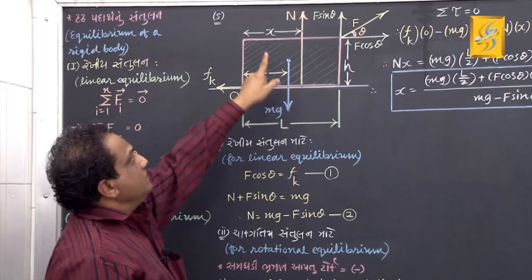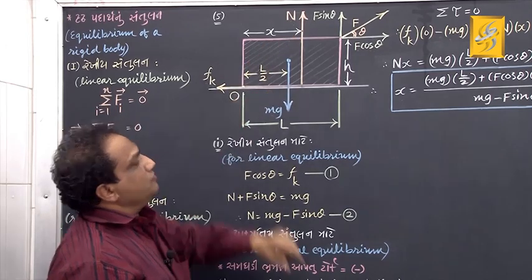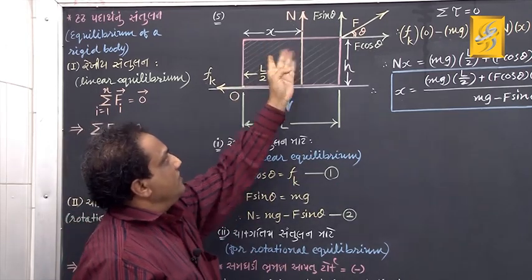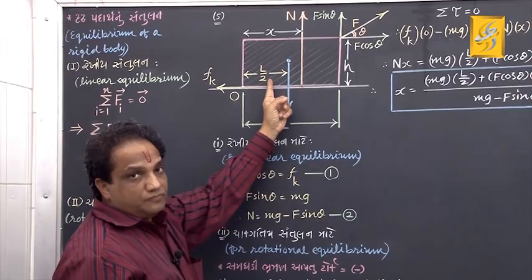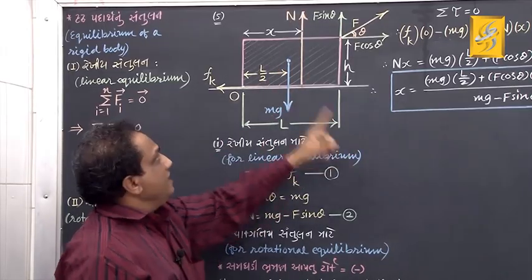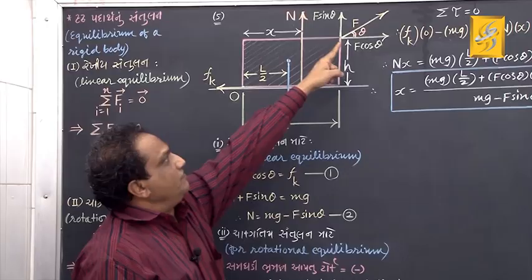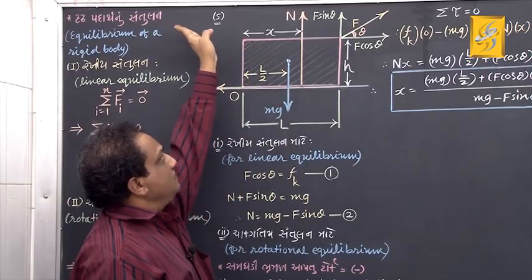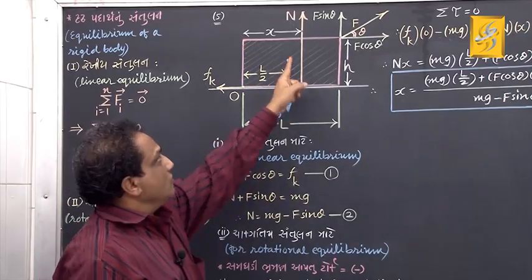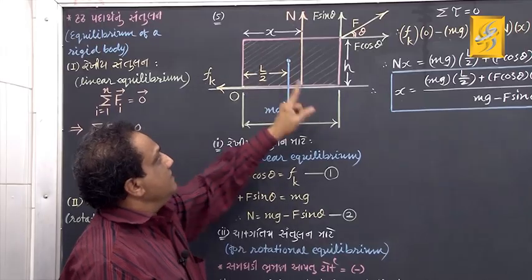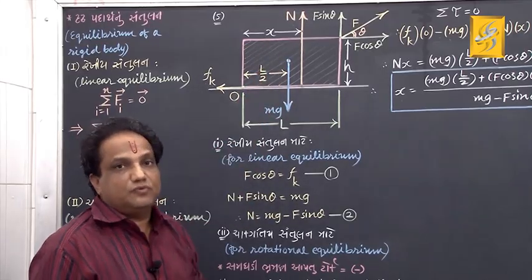In that case, x will be less than L by 2. Right now x is, look in the figure, greater than L by 2. If no external force is there, x equals L by 2. And if this force is exerted towards the left side this way, then the normal force will shift to this side, and x will be less than L by 2. Got it?